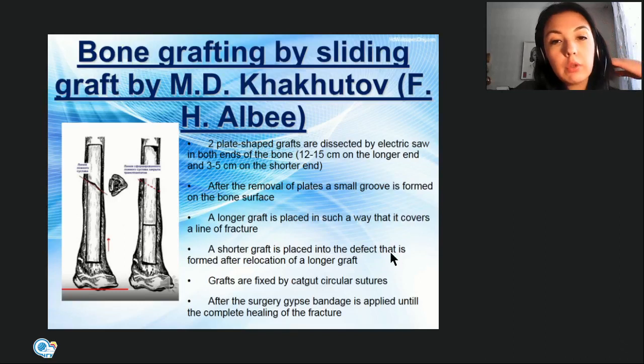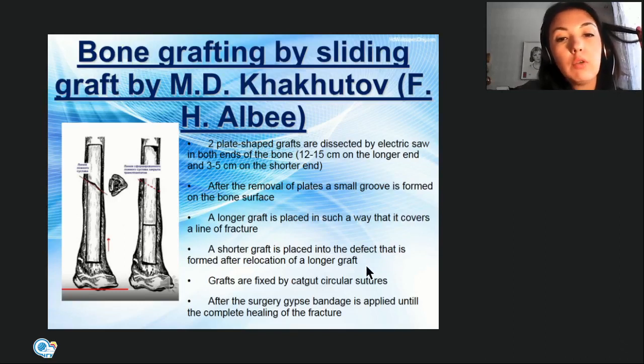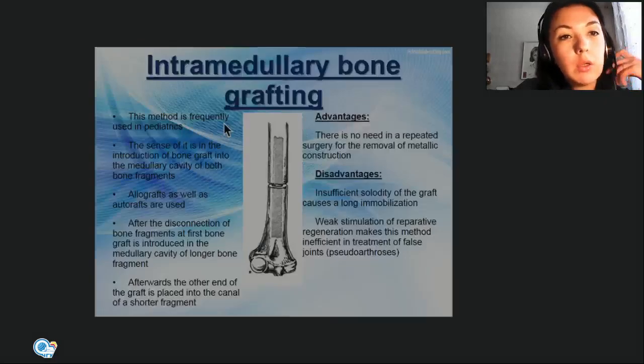A shorter graft is placed into the defect that is formed after relocation of the longer graft. Grafts are fixed by catgut circular sutures, and after the surgery a gypsum bandage is applied until the complete healing of the fracture. So this is bone grafting by sliding graft. Very interesting surgery.